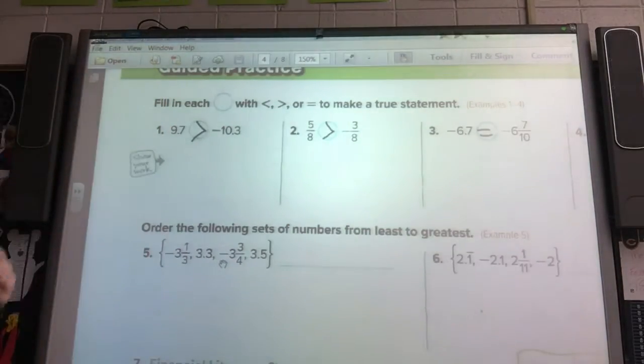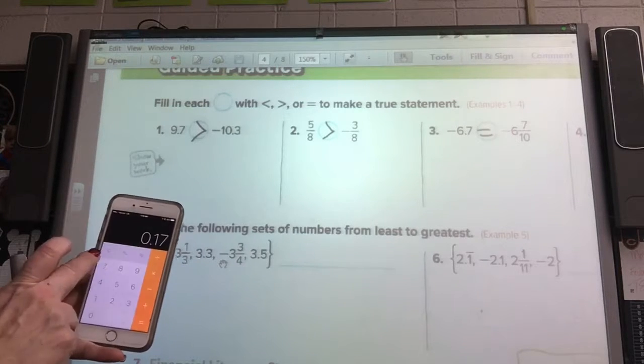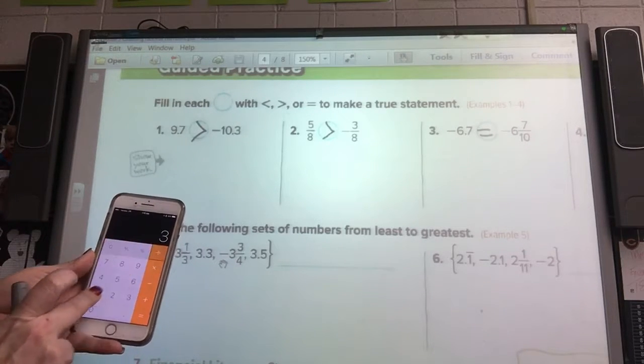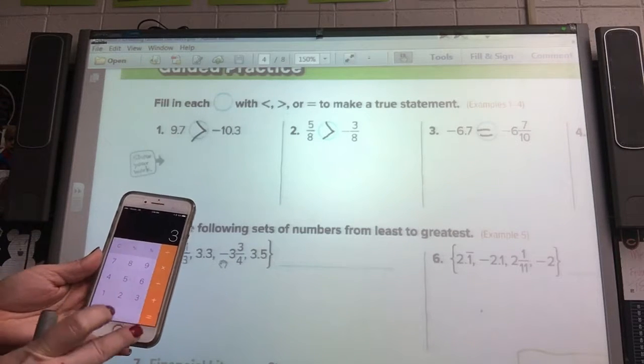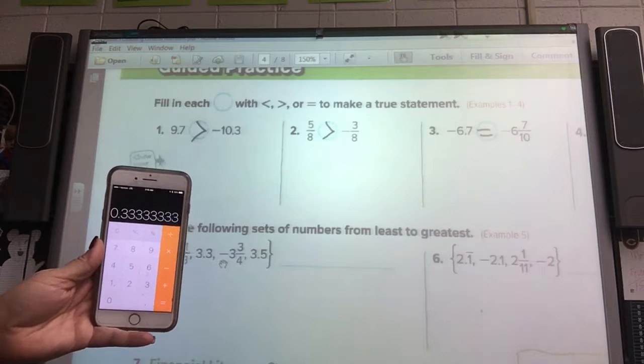All right, we have to put them in least to greatest. Negative 3 1/3, 3.3, negative 3 3/4, negative 3.5. Now, if you divide 1 divided by 3, you will get 0.333333.